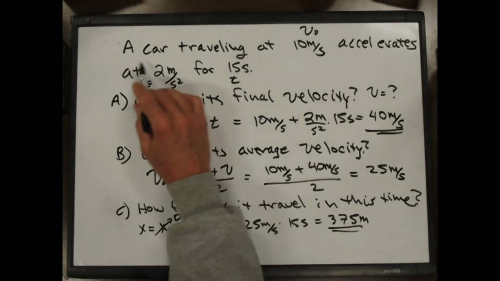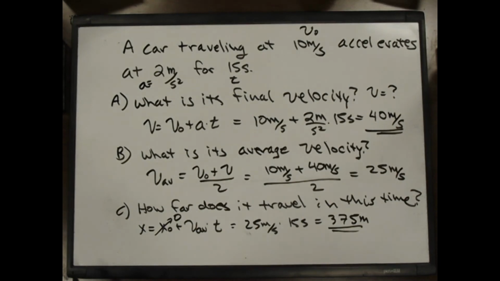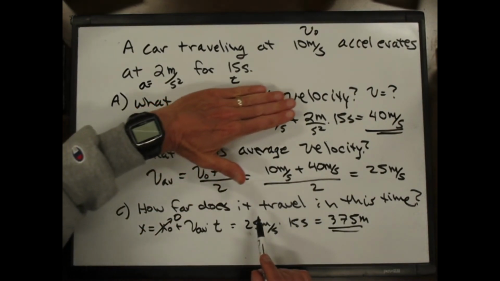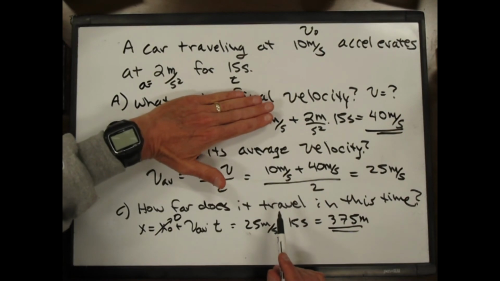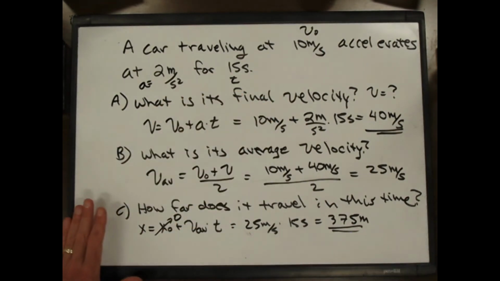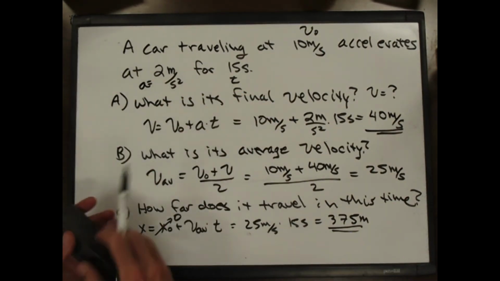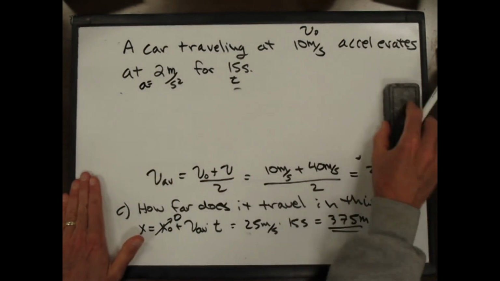Suppose I had asked you from the beginning, instead of my first question being what's its final velocity, suppose I said how far does it travel in this time? So I just say a car traveling at 10 meters per second accelerates at 2 meters per second squared for 15 seconds. Imagine that I had said this.